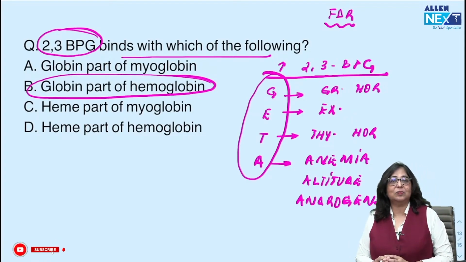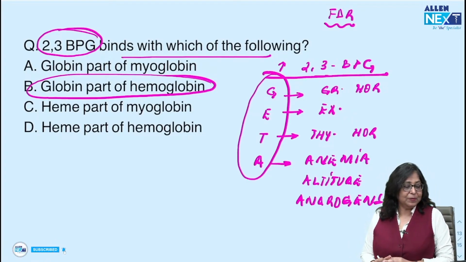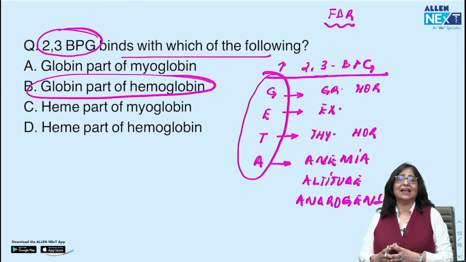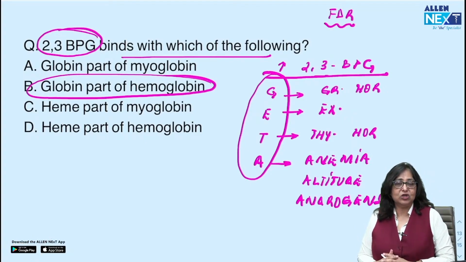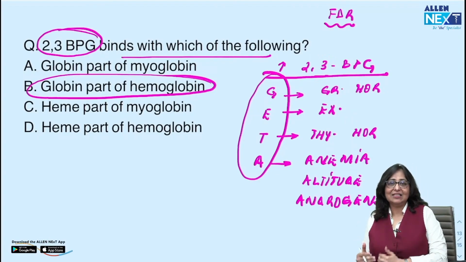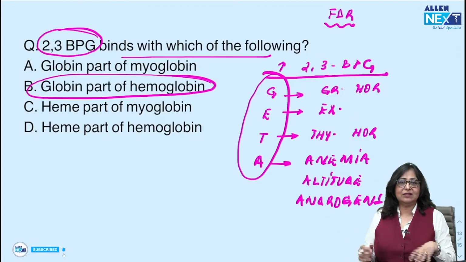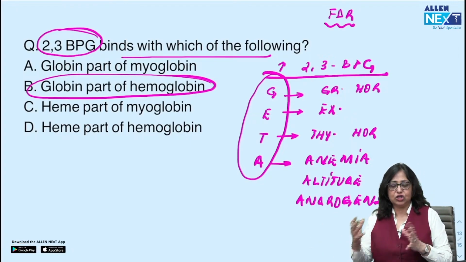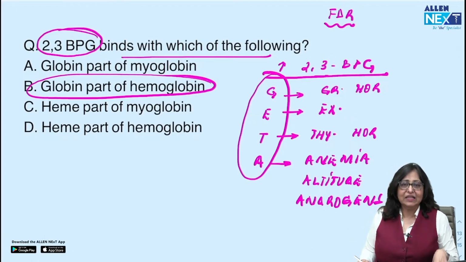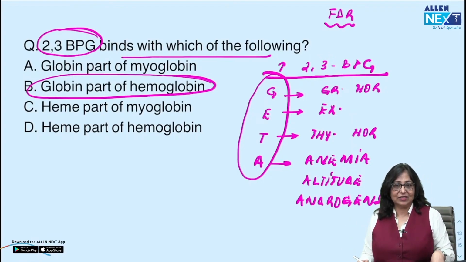So these conditions will increase the 2,3-BPG. They increase glycolysis and therefore there is an increase in 2,3-BPG. More 2,3-BPG means less binding with oxygen or more delivery of oxygen. So remember, an increase in 2,3-BPG will cause a shift of the curve to the right, which favors delivery or dissociation.